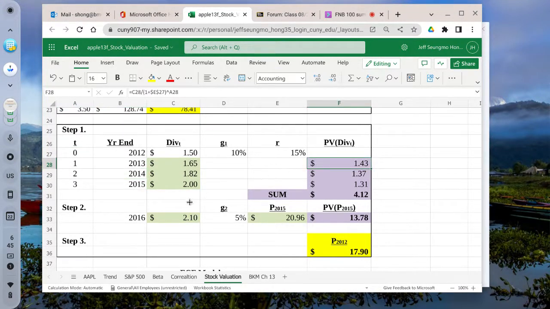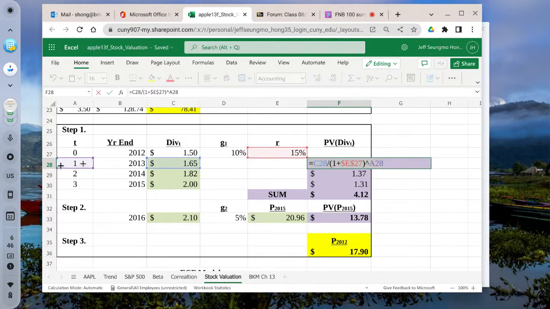And then think about it. These dividends are future cash flows, cash flows in the future. So we need to turn them into present value, because valuation of an asset is all about the present value.